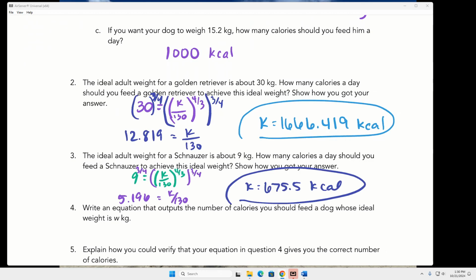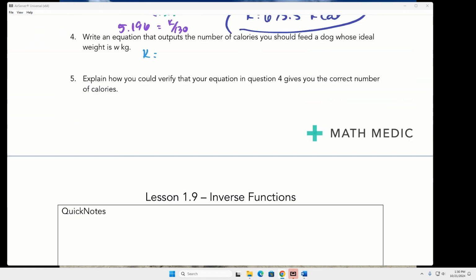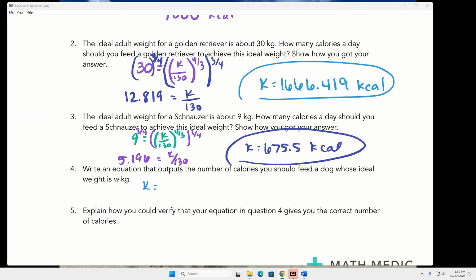Right, so now we're going to write an equation that gives the amount you feed a dog based on how large you want the dog to be when it's full grown. And so on these, W, the weight, is the 30 and the 9. What was the first thing we did to those weights?